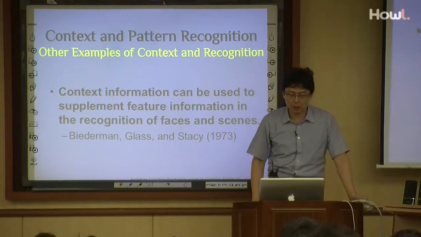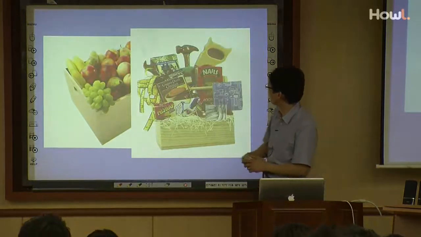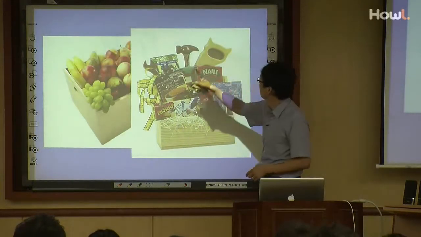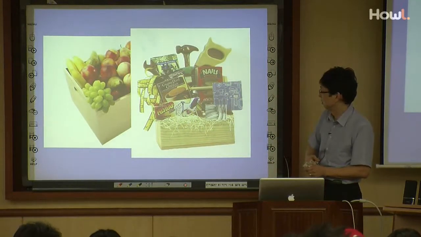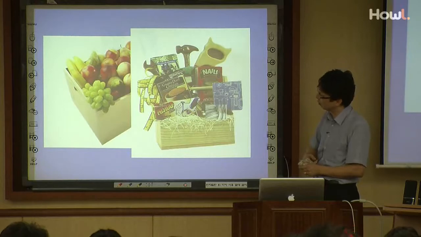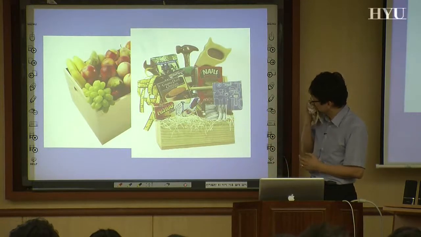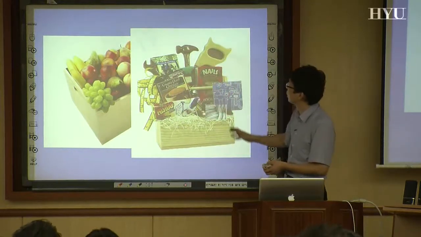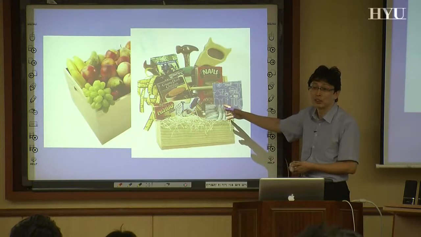Another example in pattern recognition is this one. The context information is this one. It is really hard to find the hammer or the banana in here. Your context says, oh, that is a junk box. You never see any fruit in this box, right?